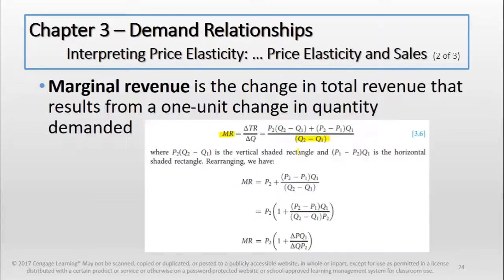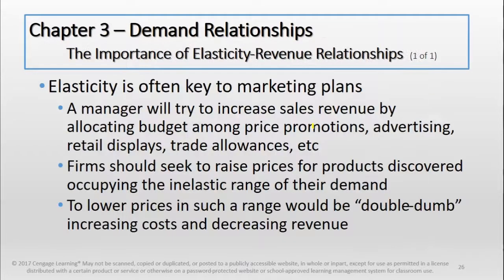But if what is given to you is the old price and old quantity, and you also have the new price and new quantity, then you can use this formula. Again, it will vary depending on what is given. Regardless, you will still arrive at the same MR.